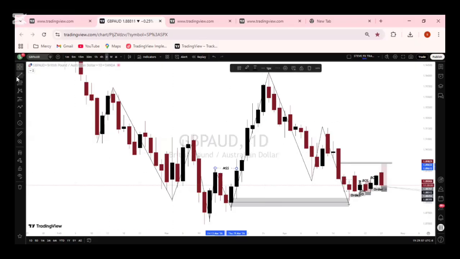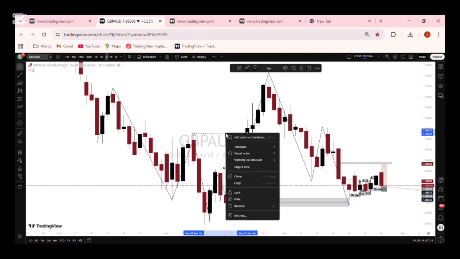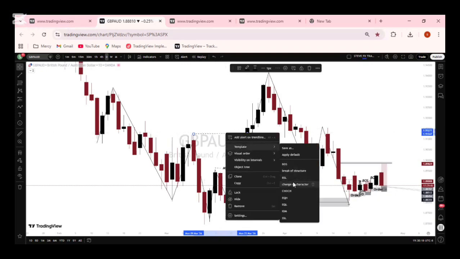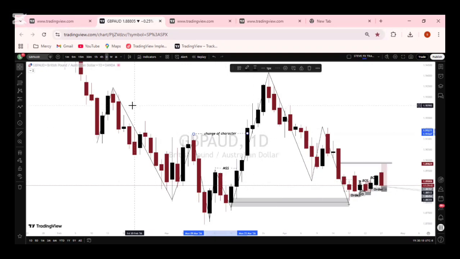When I'm dealing with major structures, I like to consider extreme swings. So over here we saw a major structure or opposite swing being broken. So this is a confirmed change of character. So we know that this market is changing from a bearish market to a bullish market.